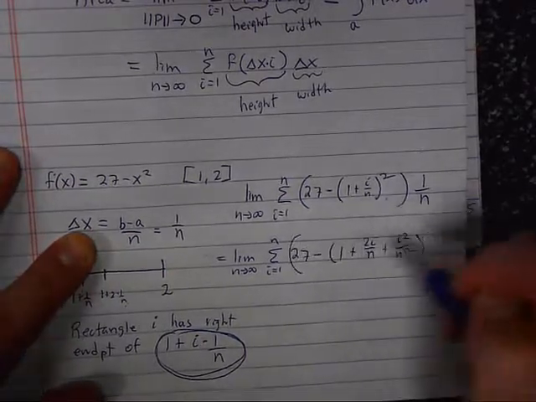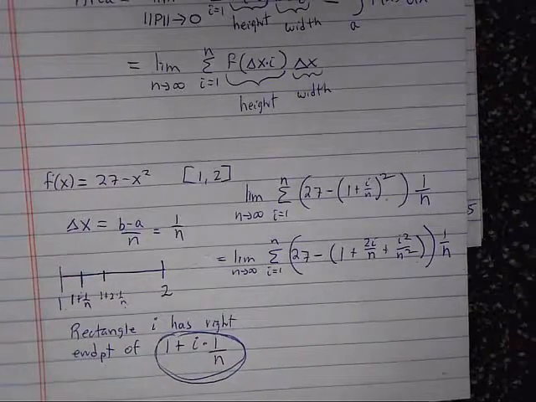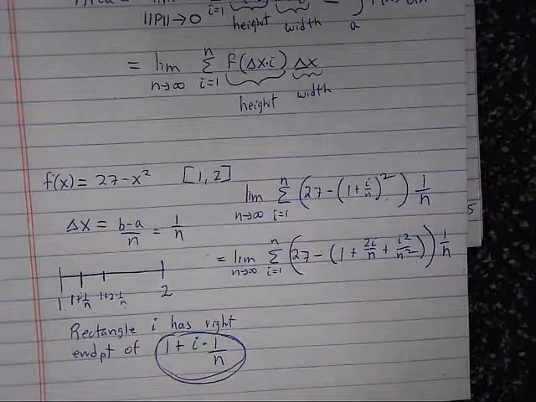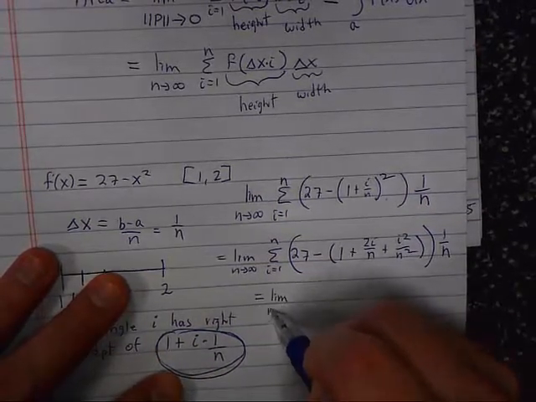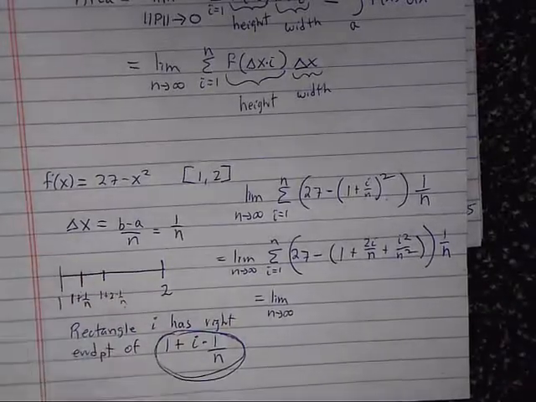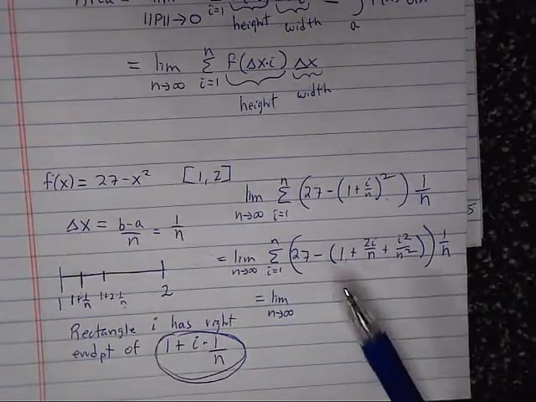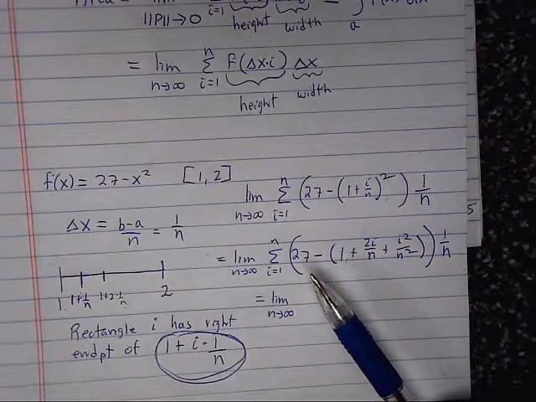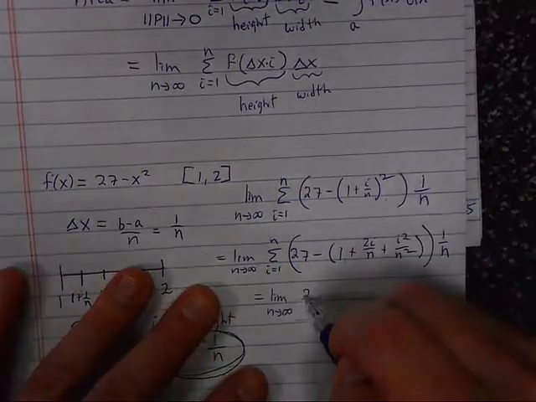And then that whole thing is still multiplied by 1 over n. Now I think I can use my rules. This is going to be the limit as n goes to infinity. I'm going to think of this as being 27 minus 1. 27 minus 1 is 26. So I have to take 26 and add it up over and over again. That's 26 plus 26 plus 26, n times: 26n.